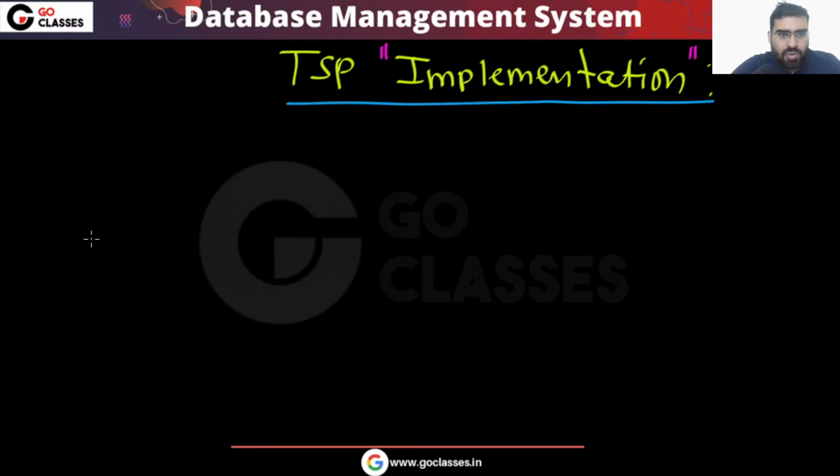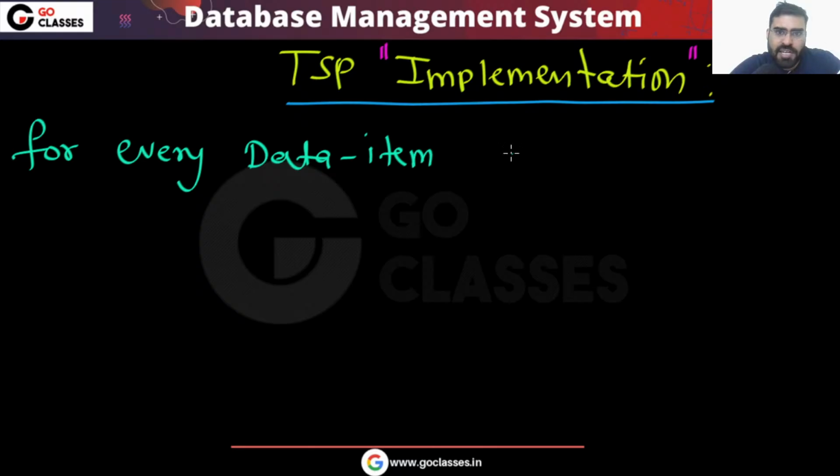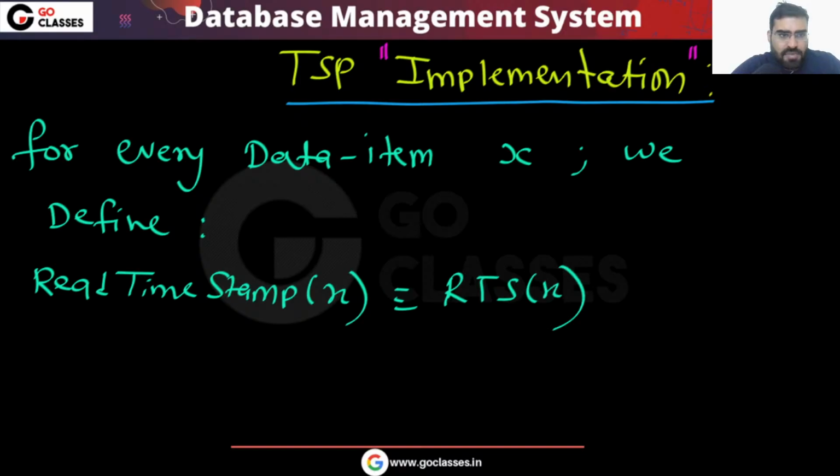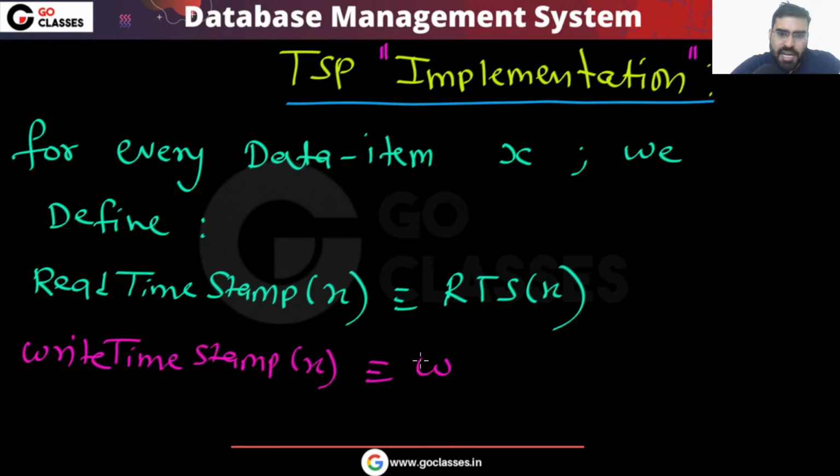To implement this, for every transaction we have a timestamp, but for every data item X, we also define a read timestamp, RTS, the read timestamp of X. We also define the write timestamp of X. For every element, we define a read timestamp and a write timestamp.